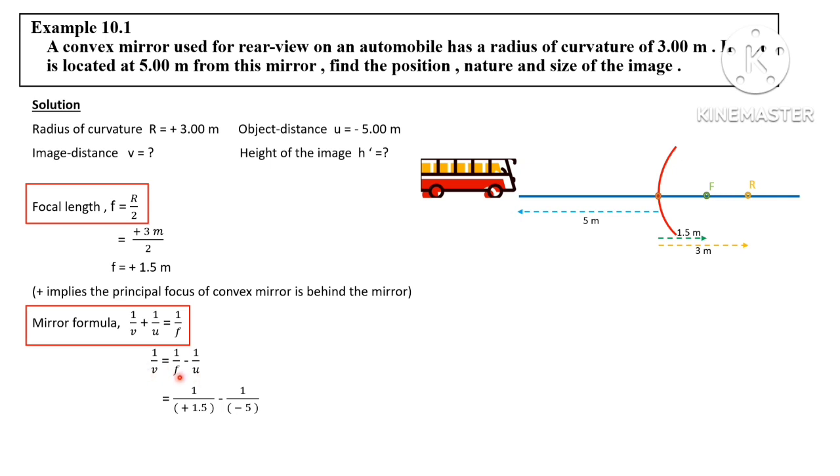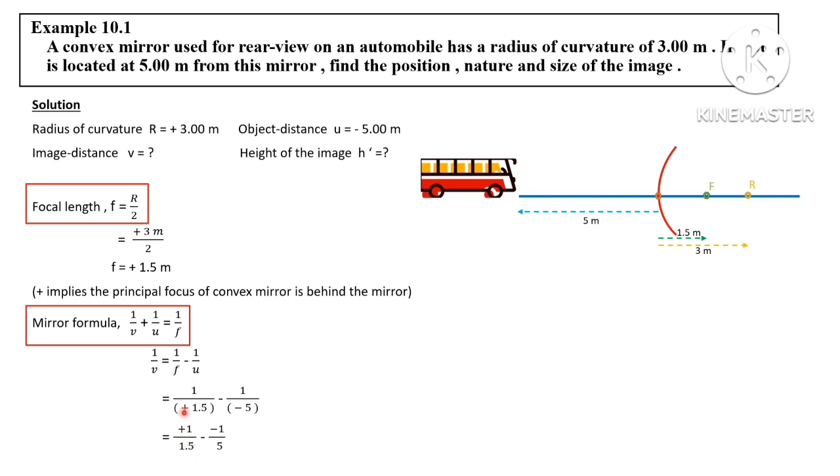So then substituting the values of f and u, we will get like this. That is, the value of f is already found here, plus 1.5 meter, and we know that the value of u is given in the question, that is object distance, which is minus 5 meter. Okay, substituting these two values, we can write it as 1 by plus 1.5 minus 1 by minus 5.